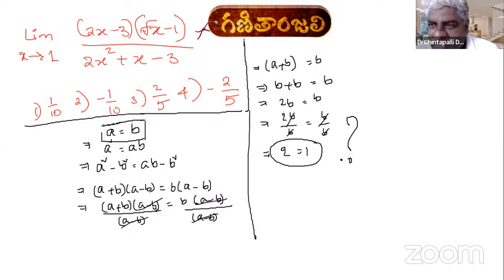Is 2 equal to 1? No, sir. It's a wrong conclusion. It is absurd.